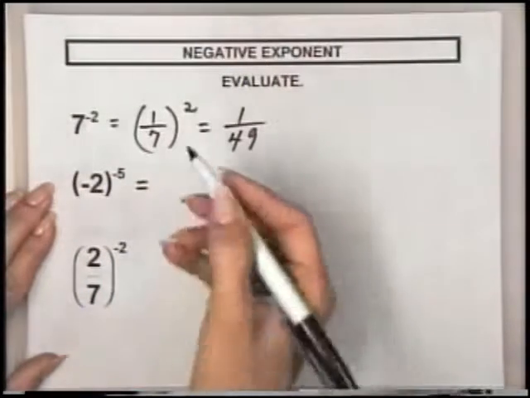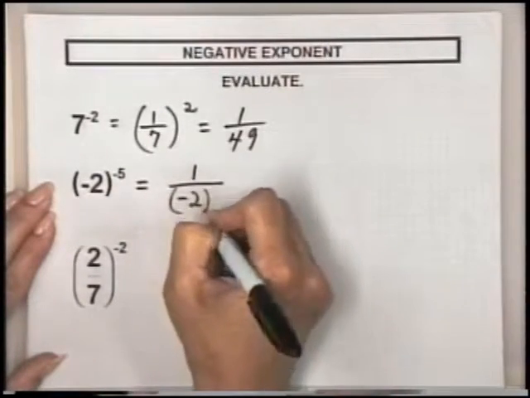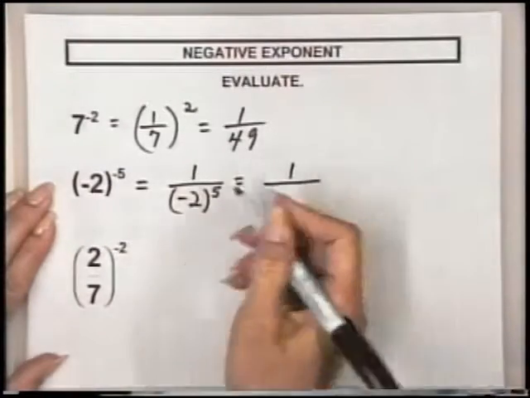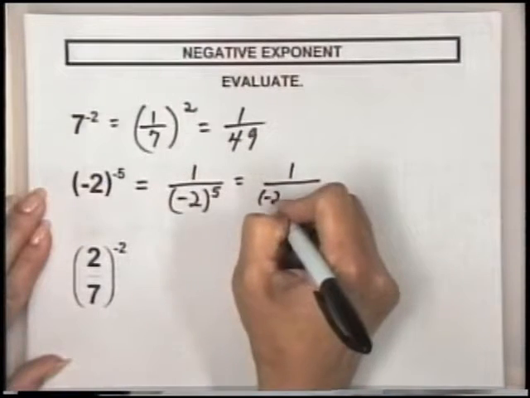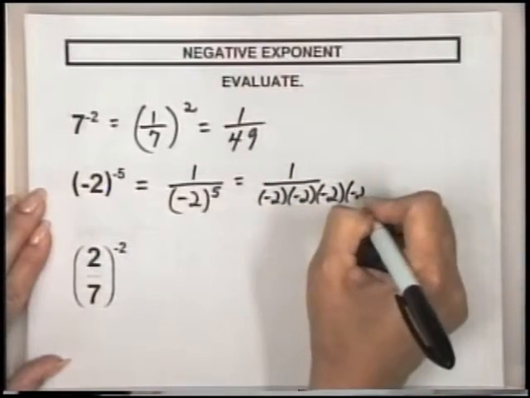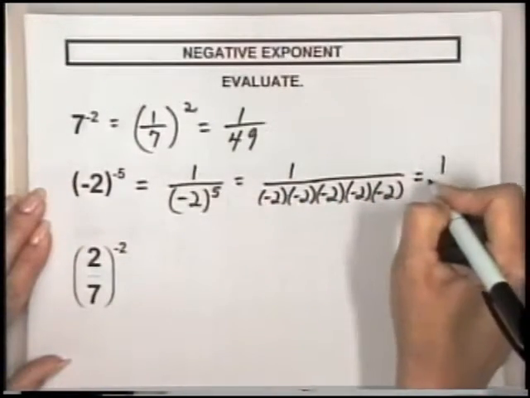For negative 2 to the negative fifth power, I will say that that is equal to 1 over negative 2 raised to the fifth power. That's 1 over, and now I need to figure out what negative 2 raised to the fifth power is. That's negative 2 times negative 2 times negative 2 times negative 2 times negative 2.